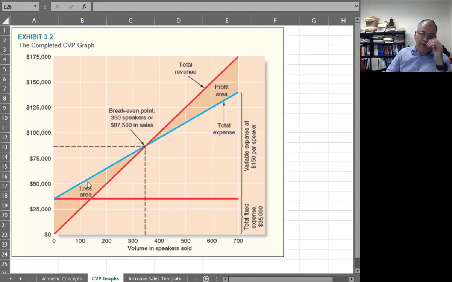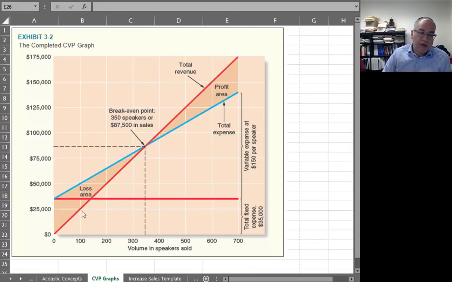And then as volume goes up, this blue line is going to increase at the rate of your variable cost per unit. Blue line again is total expense, and the more units you sell, obviously, the greater the total expense.